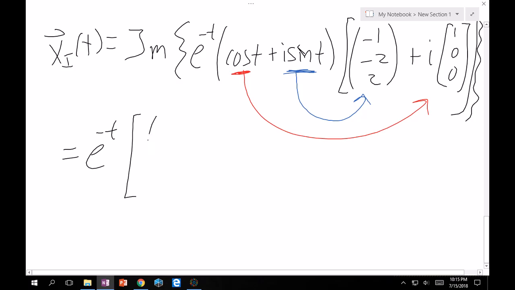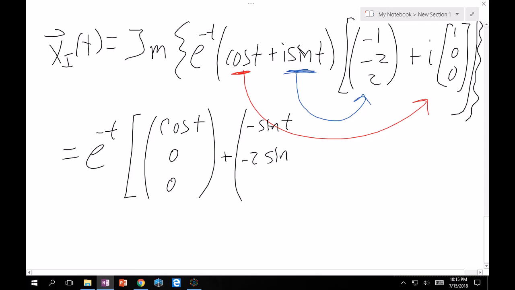And then this part right here, cosine t onto (1, 0, 0), so that's (cosine t, 0, 0). And then i sine t onto there. That's just going to be, let's see, plus, put that there. And then that's minus sine t, minus 2 sine t, and then 2 sine t.